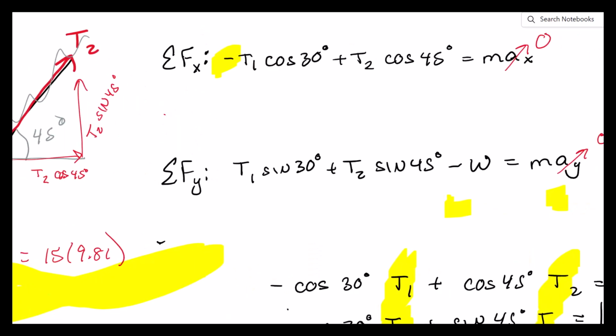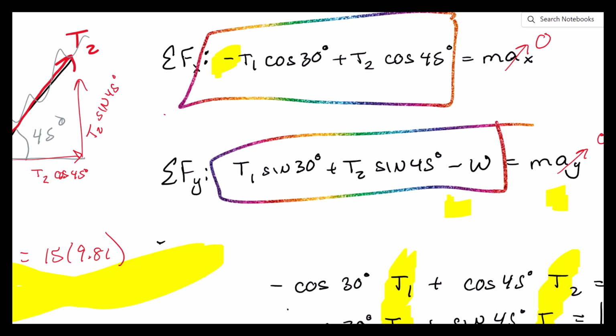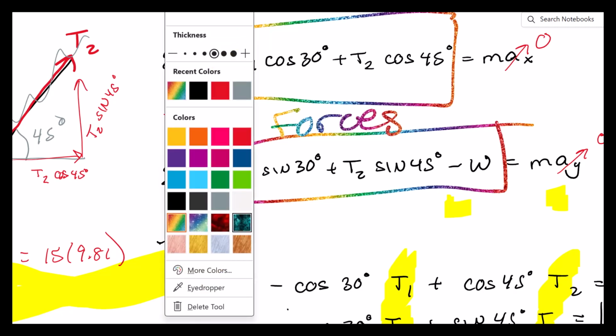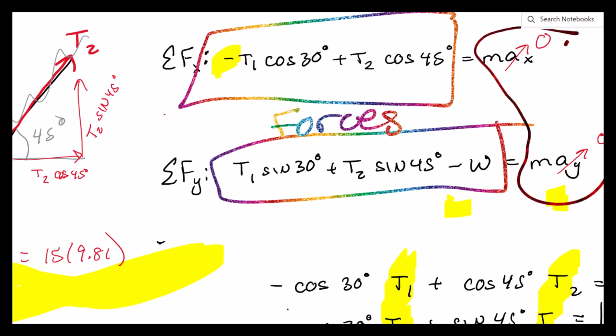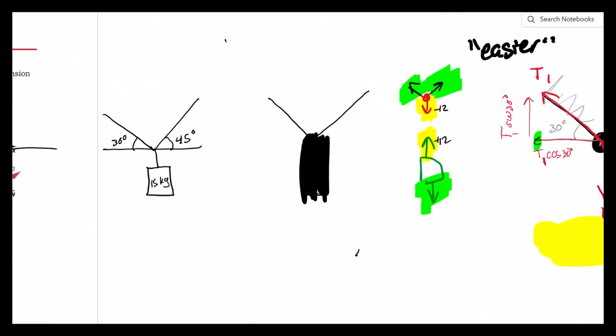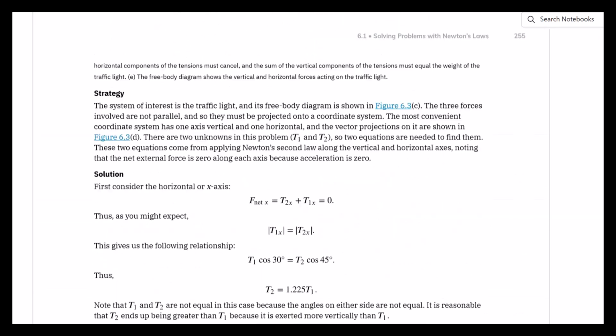Everything on the left side of this is from the free body diagram. These are all forces. And then everything on the other side is mass times acceleration. If you're really consistent with how you always set up your equations, then it shouldn't be too terribly awful.